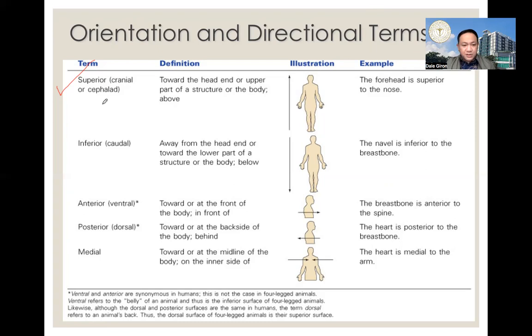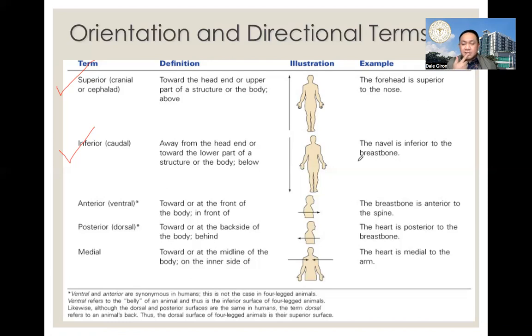The opposite of superior is what we call inferior or caudal. It is defined as away from the head end or toward the lower part of a structure or the body, or simply below. The navel is inferior to the breastbone. What else?